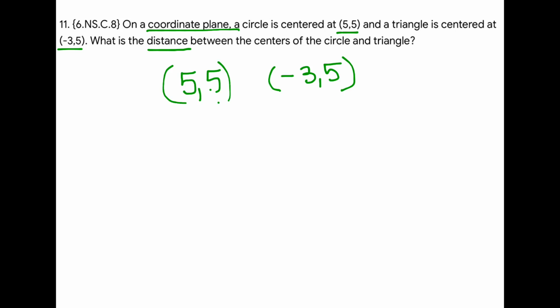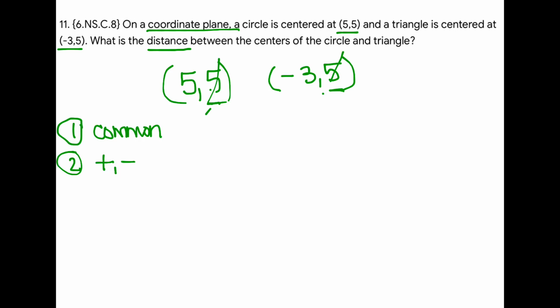So we first need to ask ourselves, what is in common? Well, we can see that their y values are in common. So that is what we are going to cross off. And we have a positive and a negative.